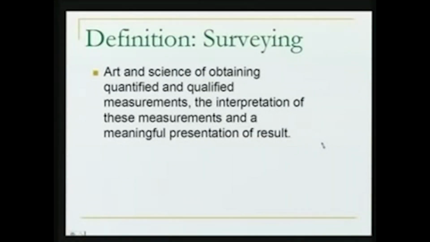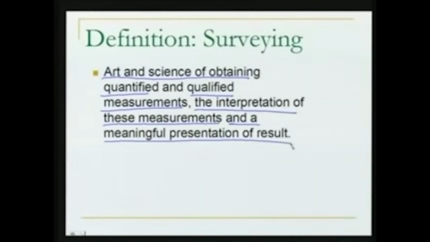As far as the definition is concerned, we can define it as, is written here, the art and science of obtaining quantified and qualified measurements, the interpretation of these measurements, and a meaningful presentation of results. This is what we have been talking about in all our examples so far.